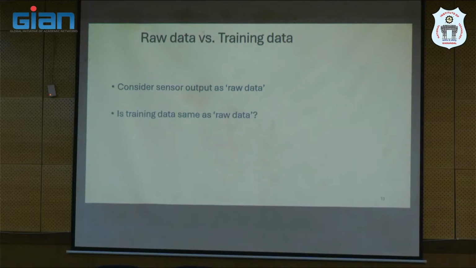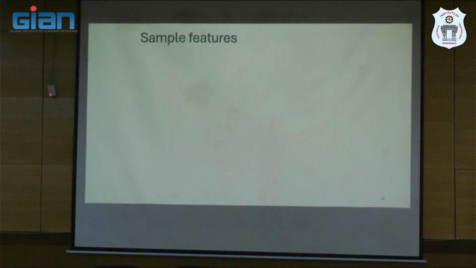Okay? So let us look at it from our electrical engineering perspective. Let us consider, it's not drawn well, but let us consider that this is my current in ampere, and this is time in seconds. Let us say this is the output from a sensor.